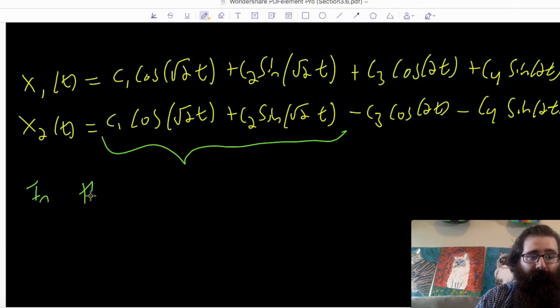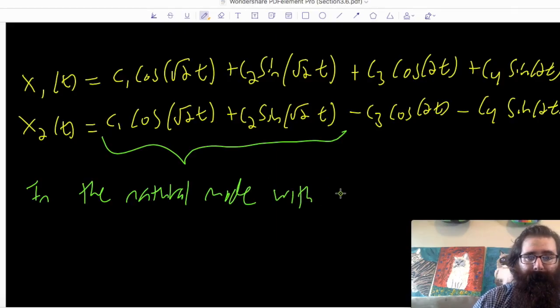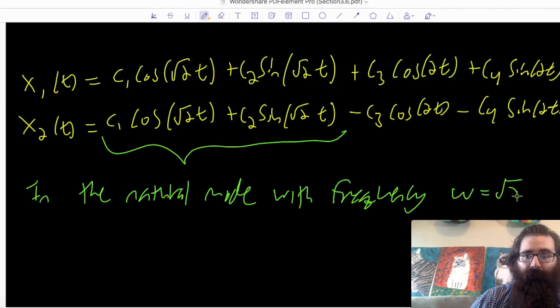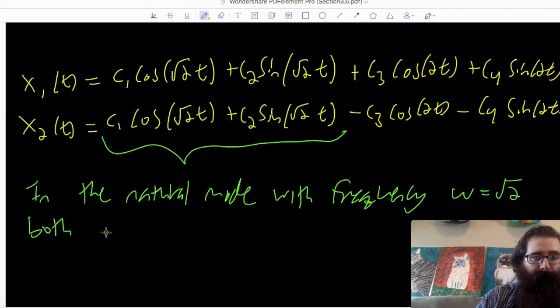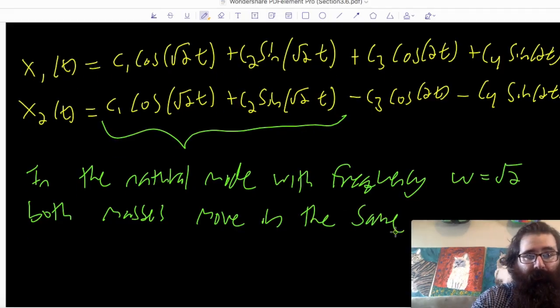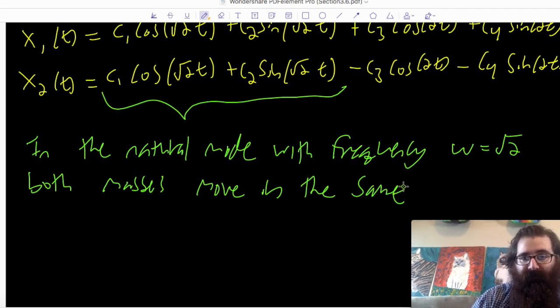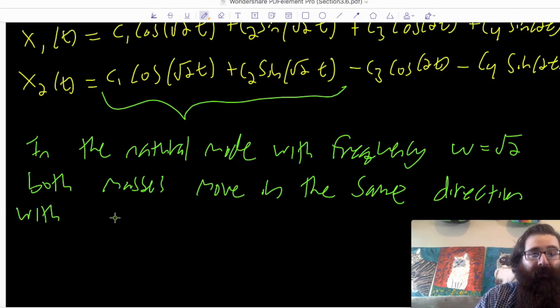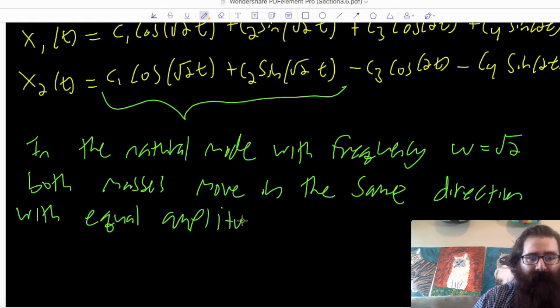We would say in the natural mode with frequency omega equals square root 2, both masses move in the same direction, since they carry the same signs, not opposite signs, with equal amplitudes of oscillation.